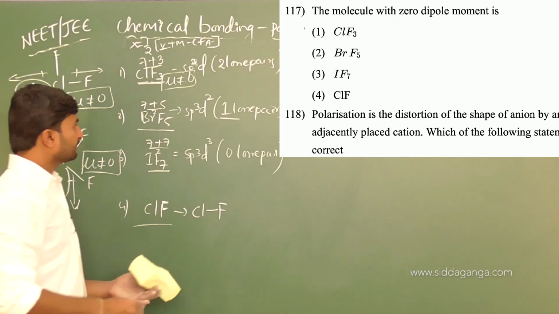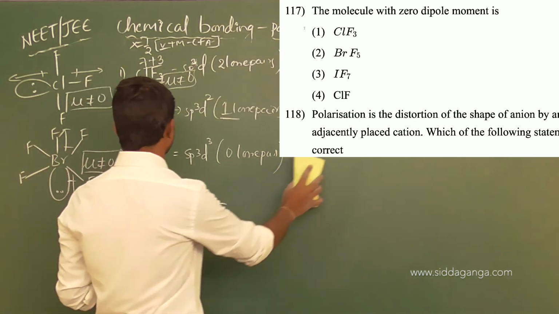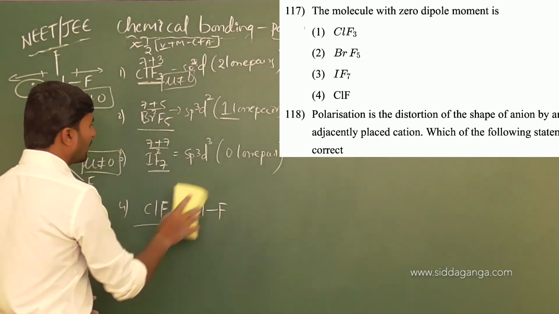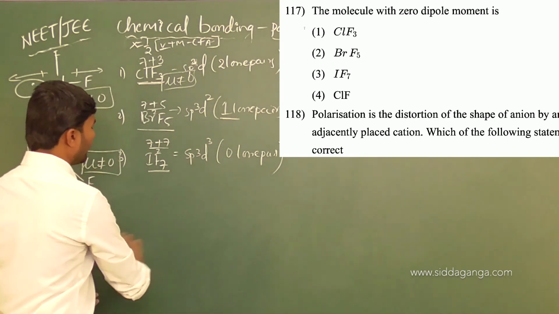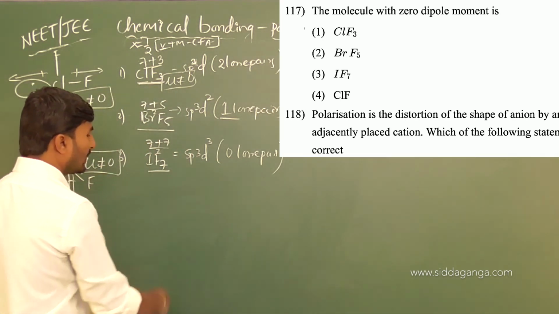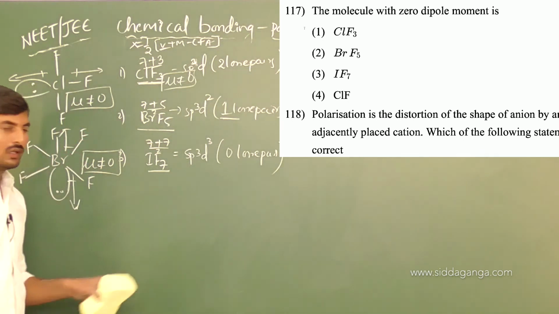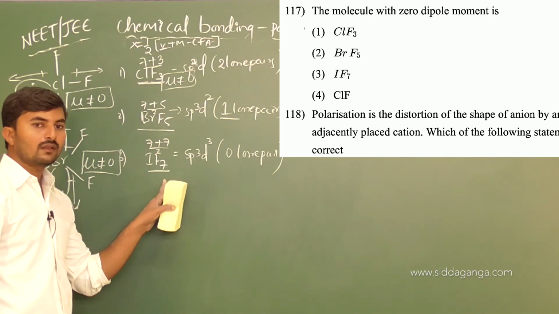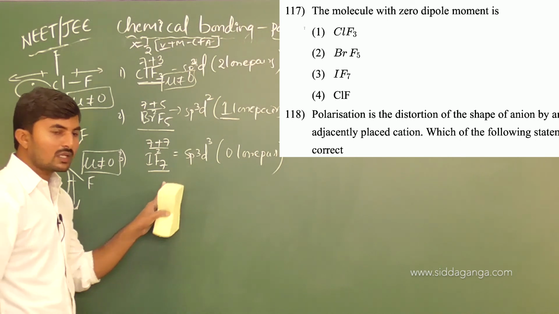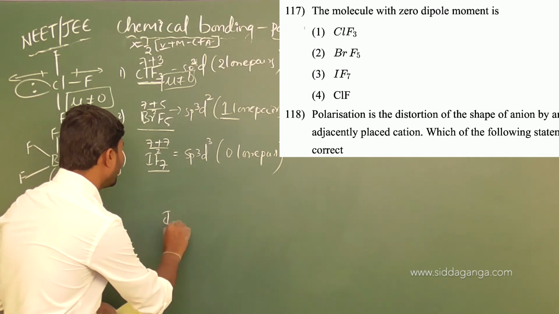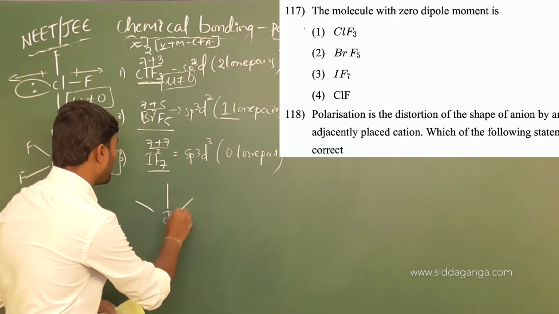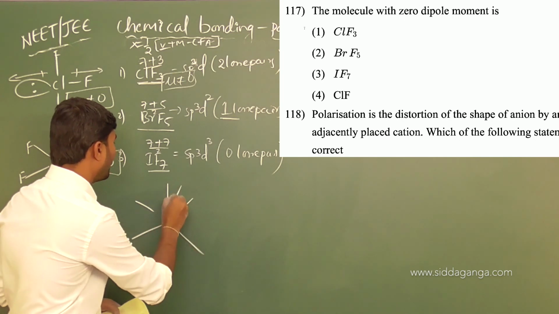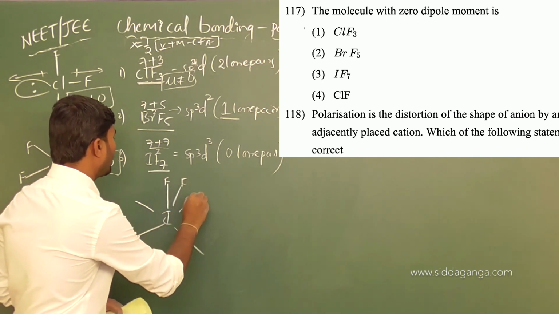Okay, then the third one, IF7 with 0 lone pair. What shape will IF7 with 0 lone pair have? IF7 with 0 lone pair means pentagonal bipyramidal geometry. So IF7.